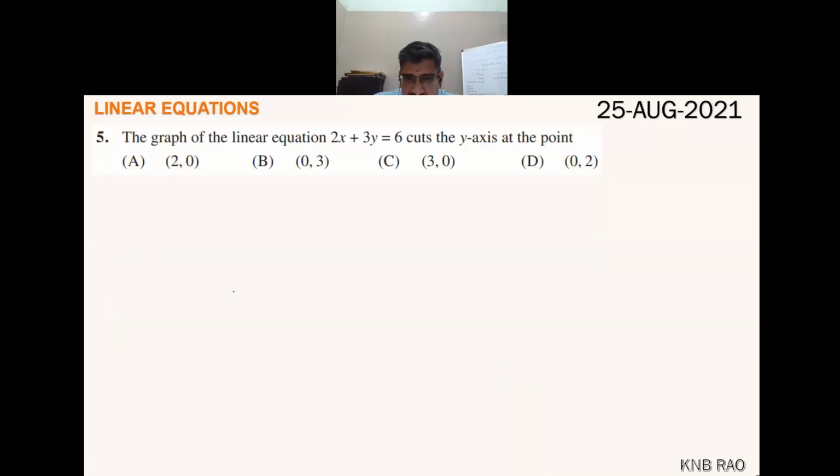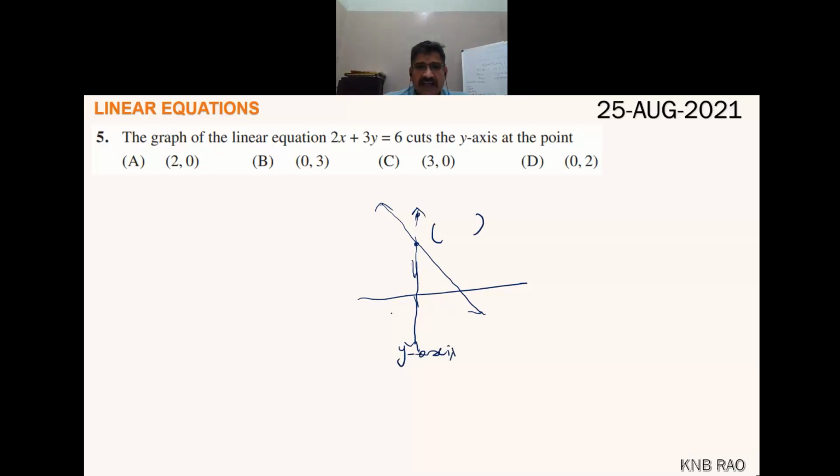The graph of the linear equation 2x plus 3y equals to 6 cuts the y-axis. Remember children, if you draw the graph of this, you will definitely see somewhere it is crossing the y-axis. So he is asking for the point of intersection of the y-axis with this equation 2x plus 3y equals to 6.